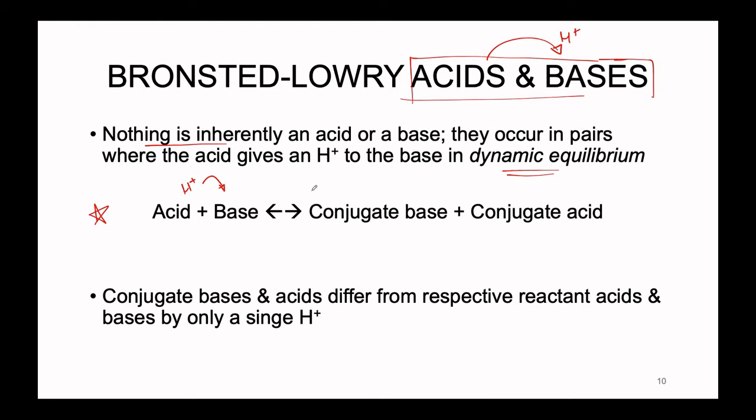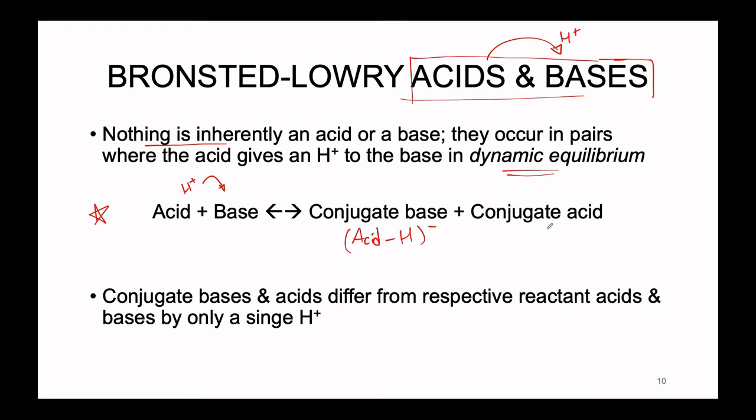After the H+ has transferred from the acid to the base, on the product side of the reaction, we can see what is written here as something labeled as a conjugate base and something labeled as a conjugate acid. Now, the conjugate base is really the product form of the acid after it has lost the hydrogen, so minus this hydrogen to give us something that now has a partially negative charge.